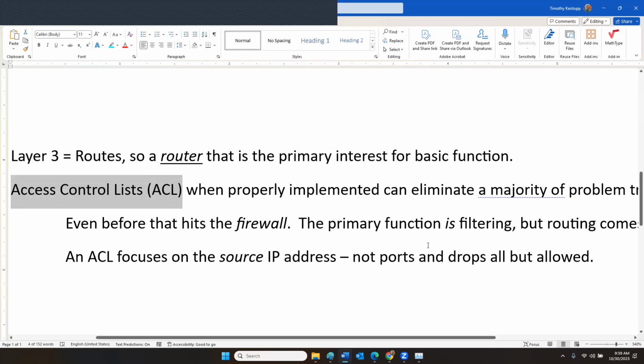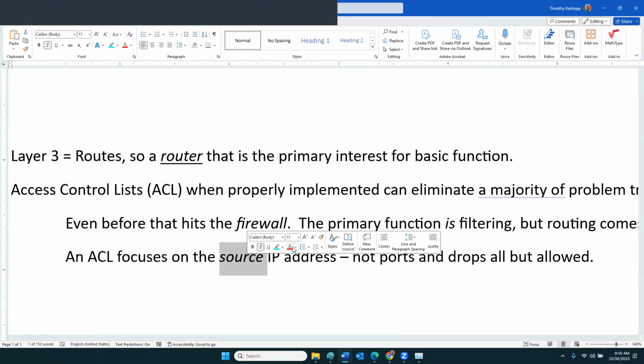But in concept, anytime you have something that is identifying a criteria on a packet and it says, not this packet, that's a filter. So it's the one feature on a router that enables a filtering capacity, but it's so basic that people don't even consider it to be a firewall.